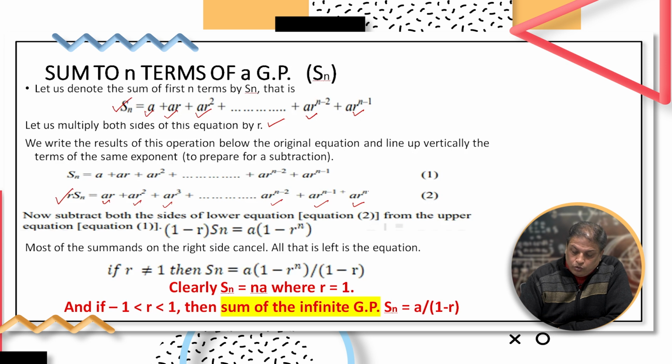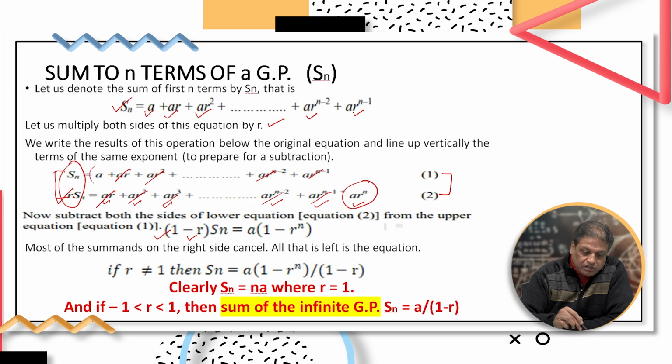Now, in order to find the general expression for the sum of n terms of GP, we are supposed to subtract equation 1 from equation 2. Subtracting, you will get 1 minus r Sn. So, subtracting all these values, this will cancel out, this will cancel out, this will cancel, and so up to this all terms will cancel out, and finally this term and this term are remaining.